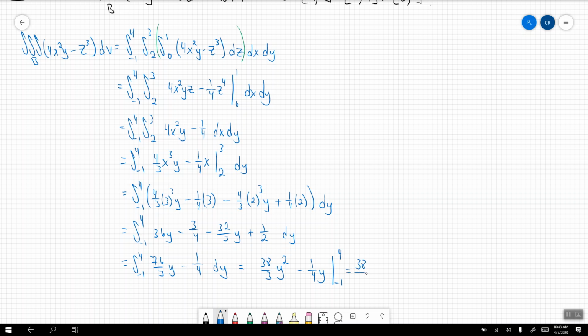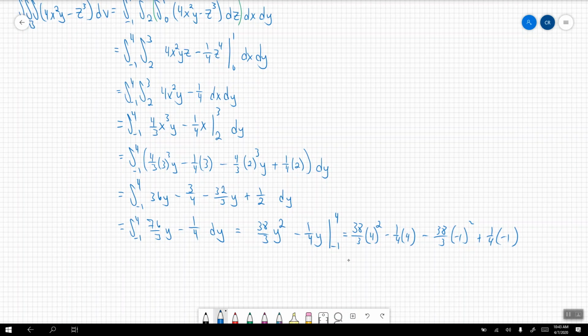So we do 38/3 multiplied by 4 squared, minus 1/4 times 4, minus 38/3 times -1 squared, plus 1/4 times -1. There we are.